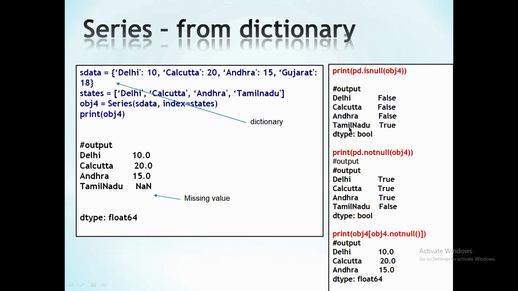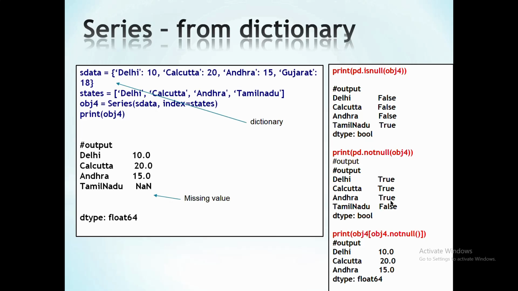Then for Tamil Nadu, no value is available, so it is referred to as a null value, and I get true. When I use the notnull function on object 4, we get true for the keys where we have a value. Tamil Nadu will have the false value because we are referring to the notnull function.